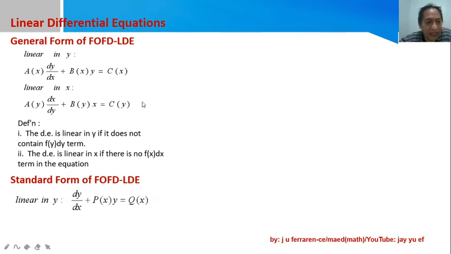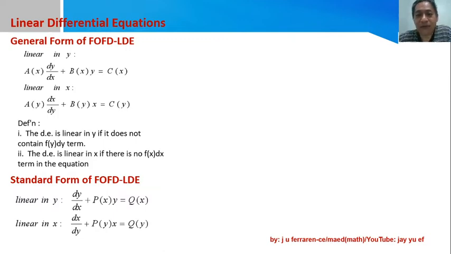Actually, that is the effect if you divide every term by a. I divide, and they remain functions in x. Linear in x, the arrangement is dx/dy plus an x term, the coefficient is a purely y function, and the right-hand member is a purely y function.